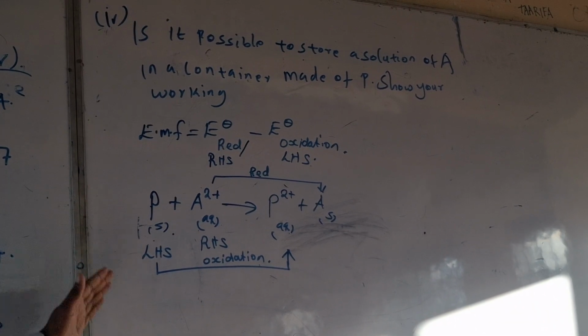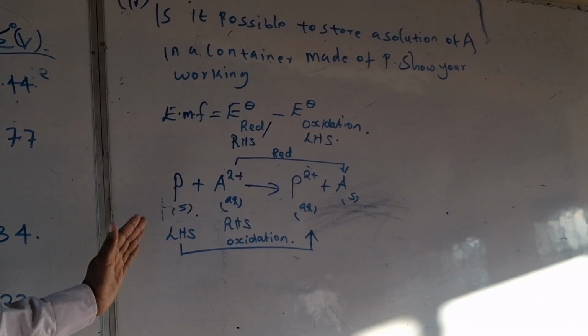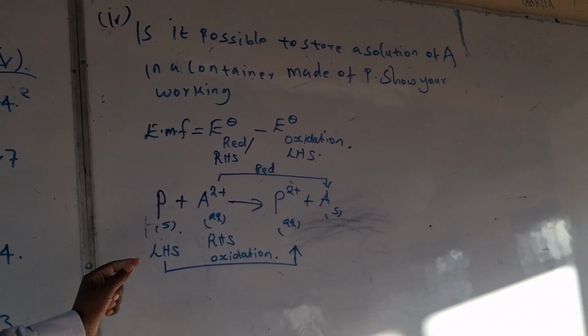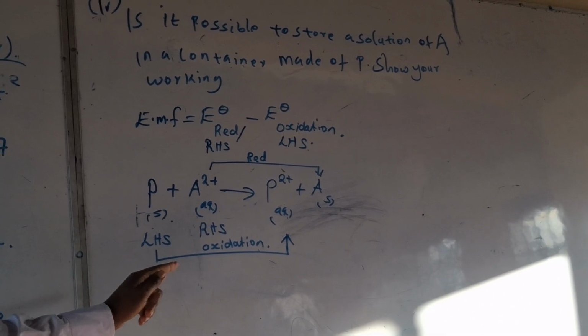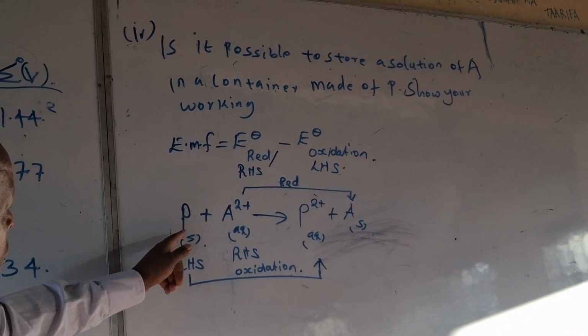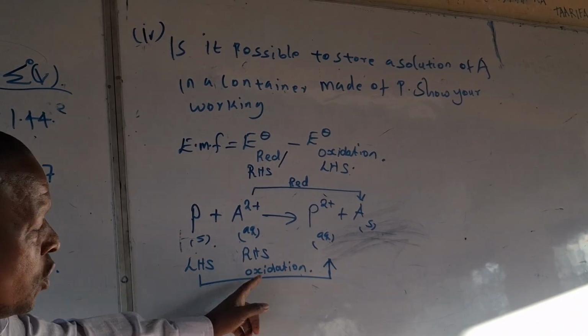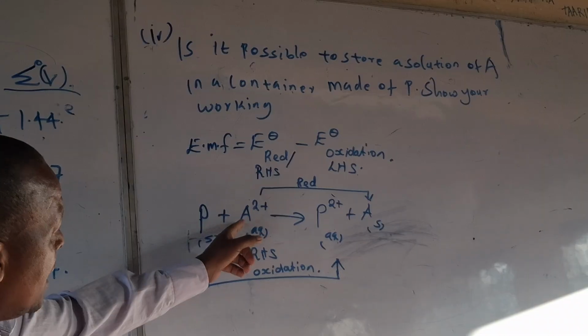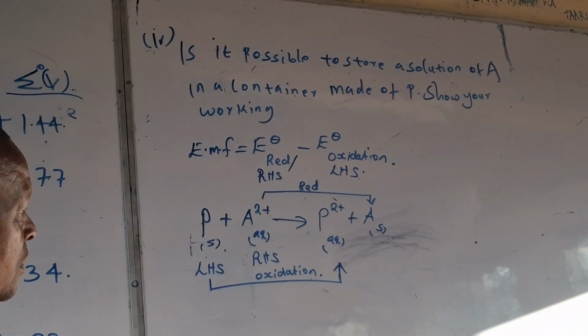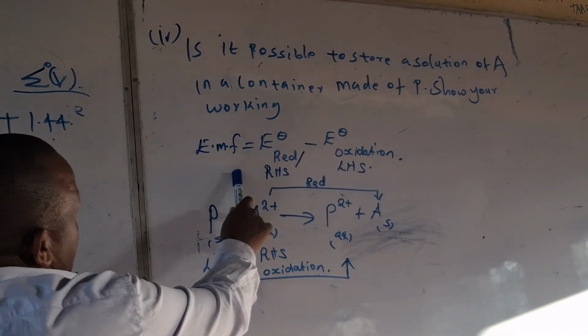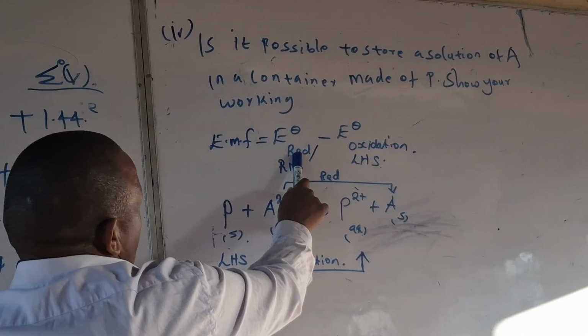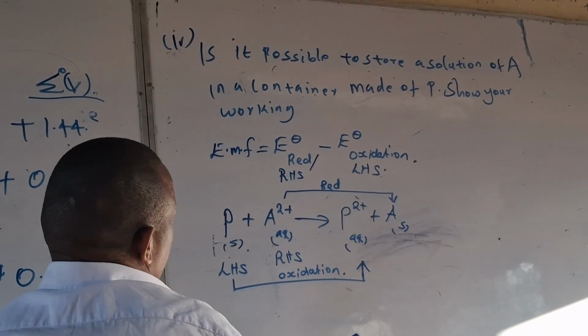Lastly, a question. You are being asked to predict whether a reaction is going to take place if you put a solution of A in a container of B. In other words, whether P is going to undergo oxidation and A to undergo reduction. So EMF, as we have just written here, is equal to E standard reduction less E standard oxidation.